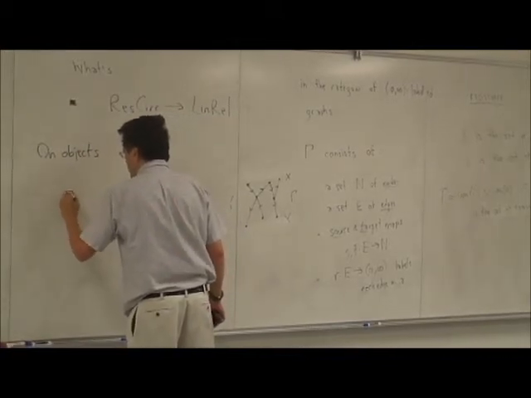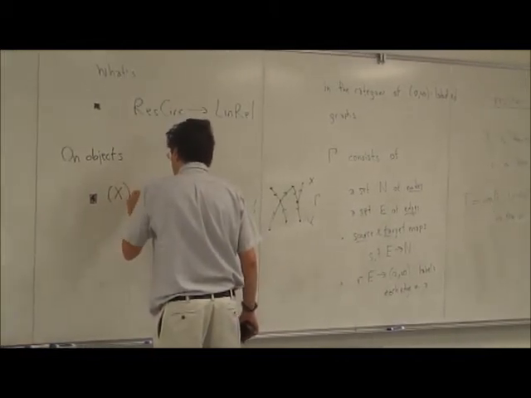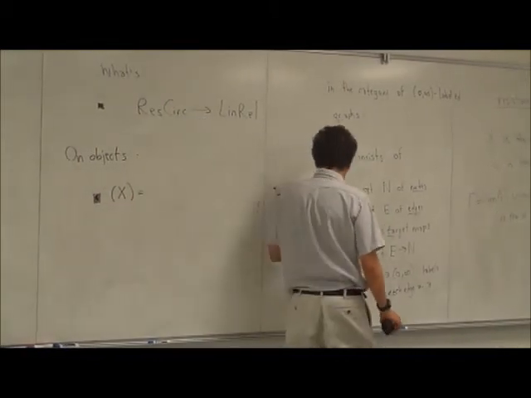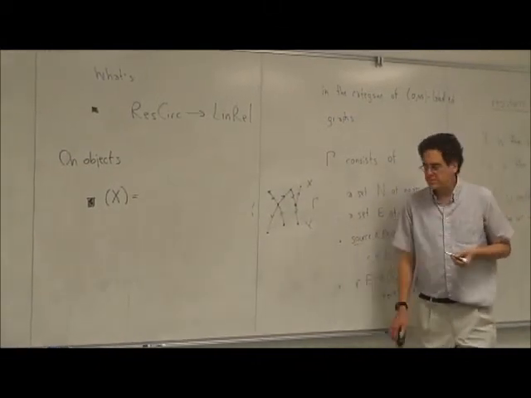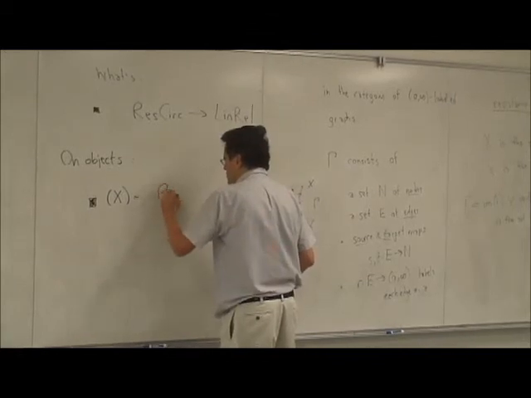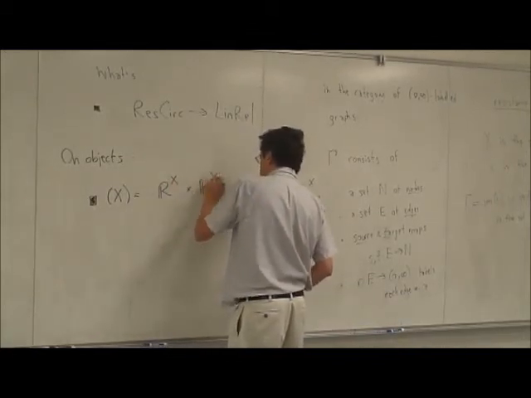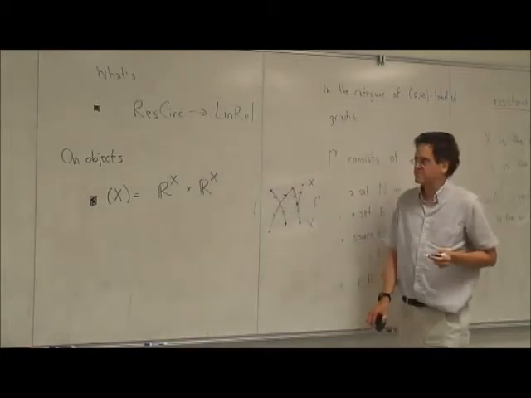The black box functor will take some finite set X and give you a vector space, and the vector space that it will give you is just R to the X times R to the X. Two copies of R to the X.